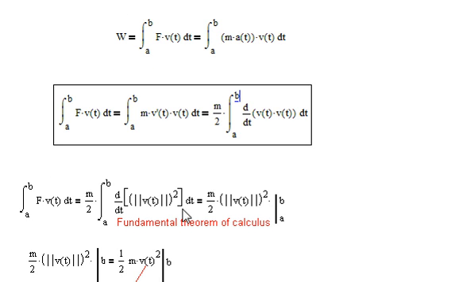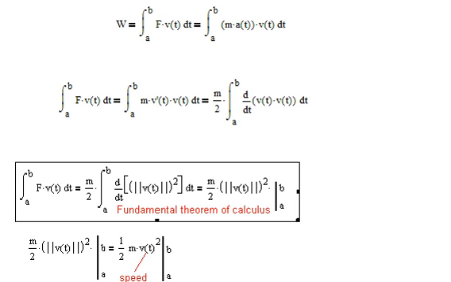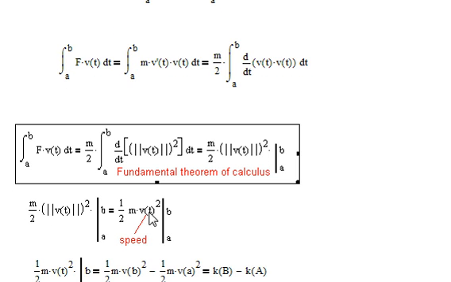So from the fundamental theorem of calculus, when you integrate a derivative, you just get the function itself. So the work done is mass over 2 times the length of the velocity vector evaluated between A and B. So we're still at it, eventually 1/2 times mass times the velocity vector squared.